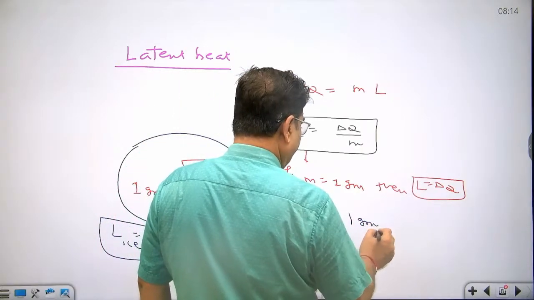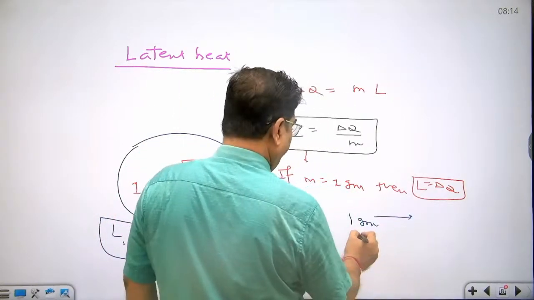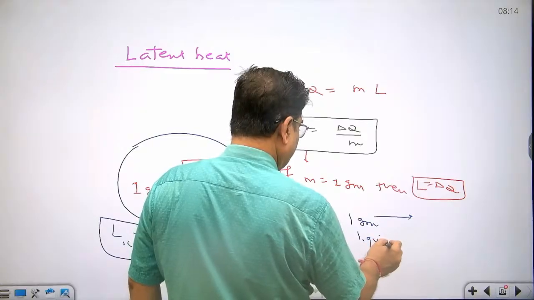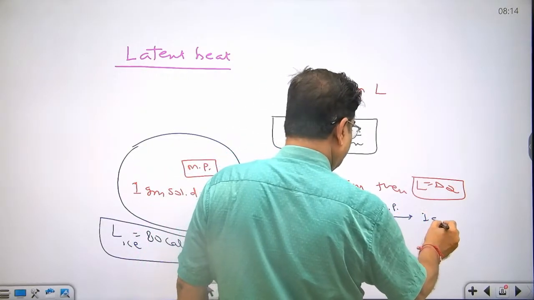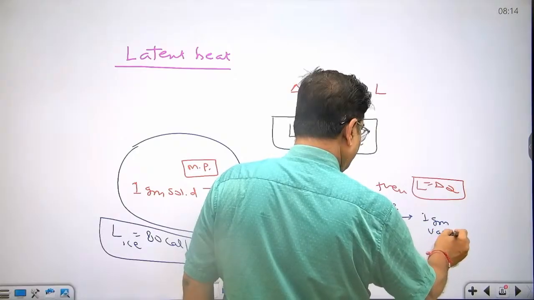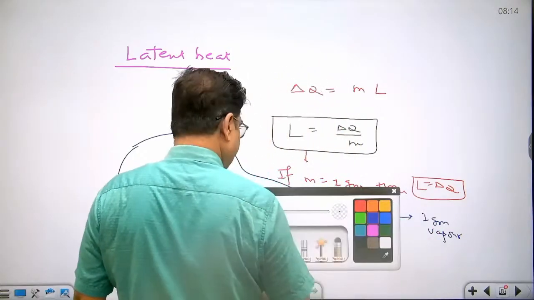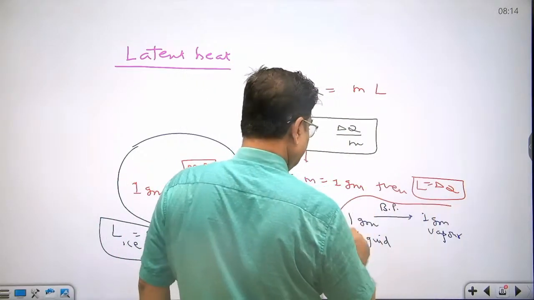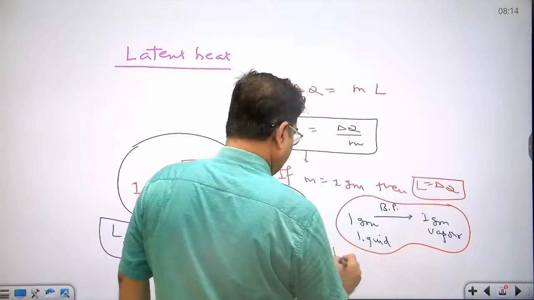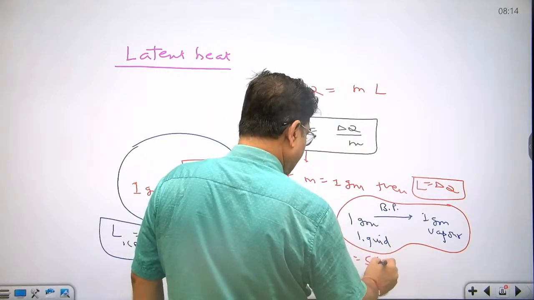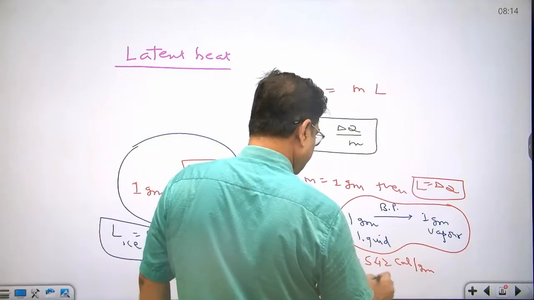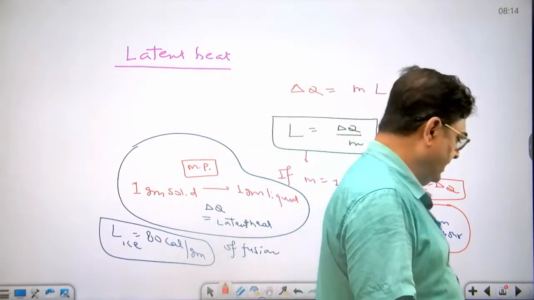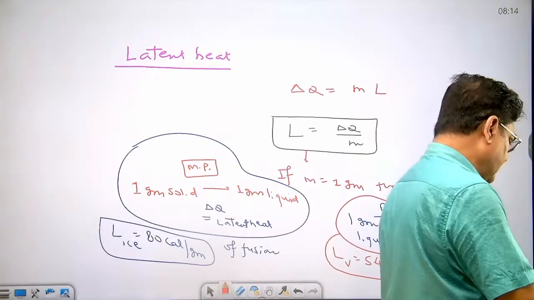The quantity of heat required to change the state of 1 gram of liquid at its boiling point to 1 gram of vapor is called latent heat of vaporization. For water, its value is 542 calorie per gram.